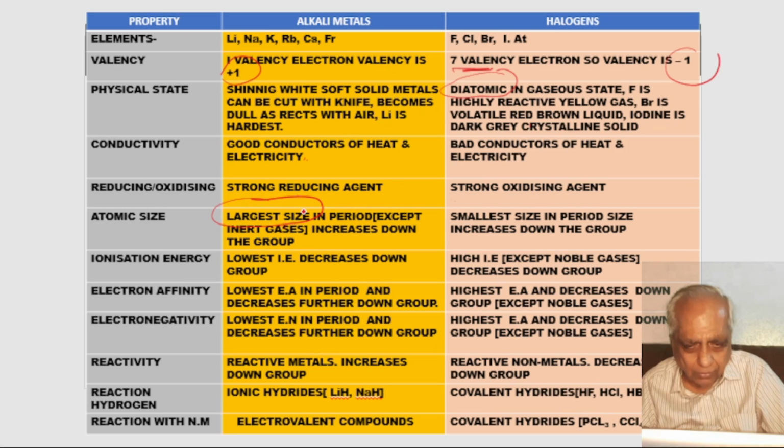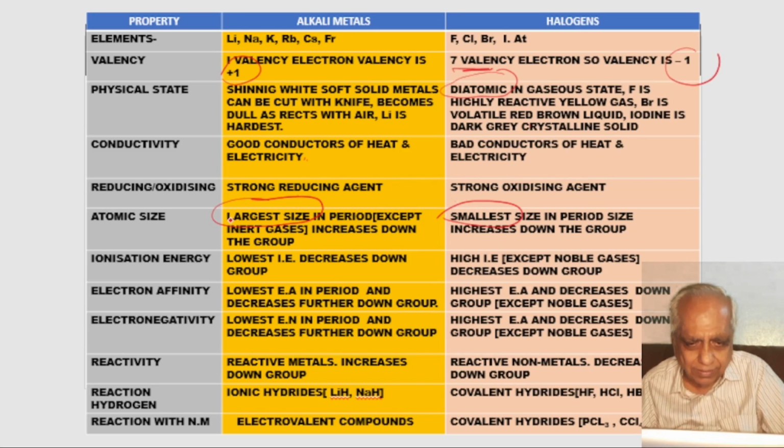In inert gases, they have a complete shell, so electrons repel one another and the size increases. So halogens have the smallest size because they are at the end, in the 17th group. So the size goes on decreasing, so here it is minimum.